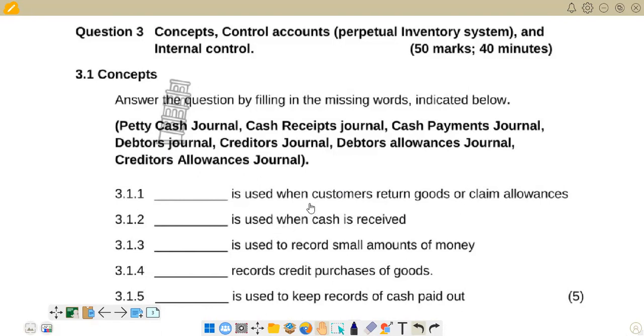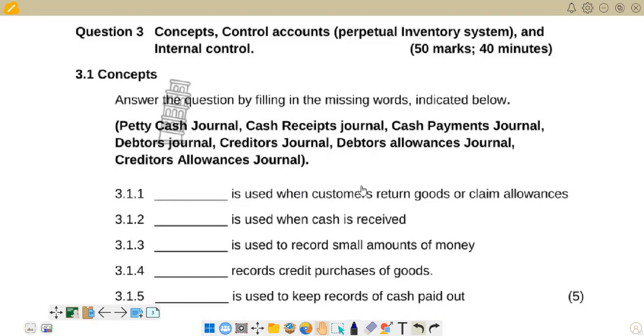We know that when we sell goods to customers, they might return these goods for many reasons. Maybe they are damaged, maybe they are substandard, many reasons that they might see upon the goods that they are not up to scratch. So they may return them.